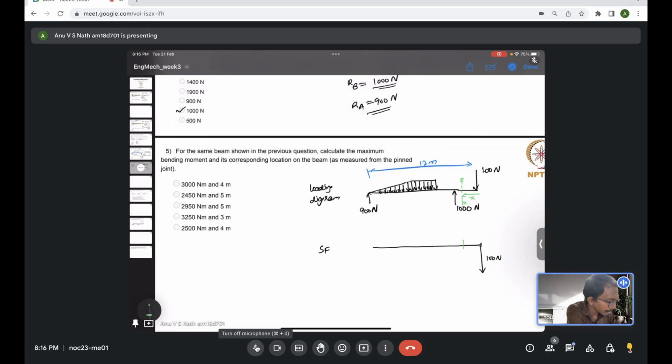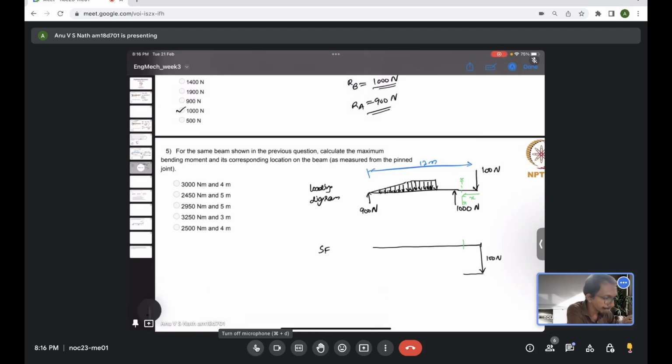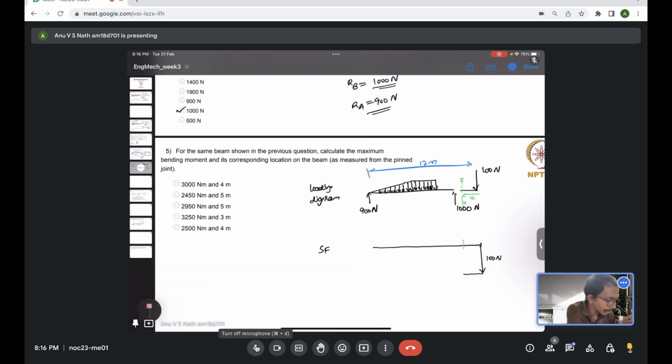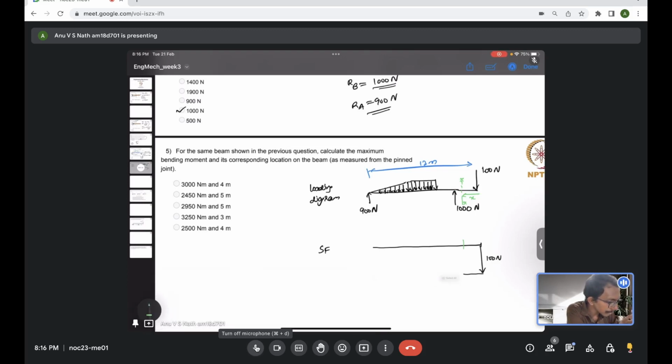Even if I move xx to a location just before the 1000 Newton, there is still no other force on the right hand side, so the shear force just before the 1000 Newton continues to be 100 Newton.